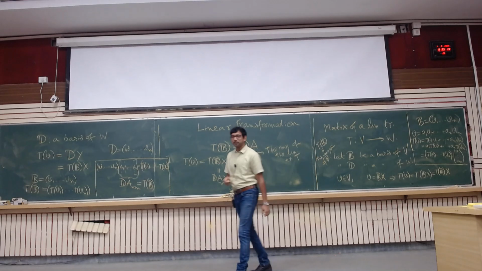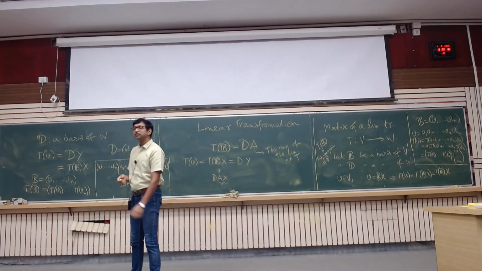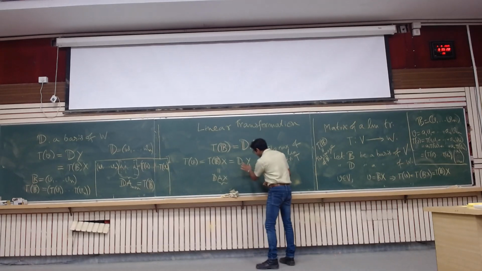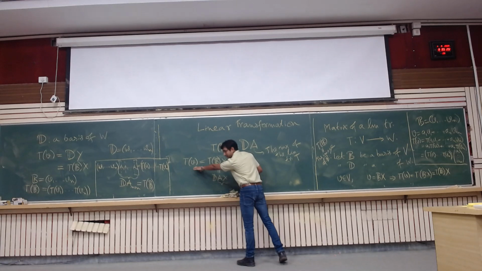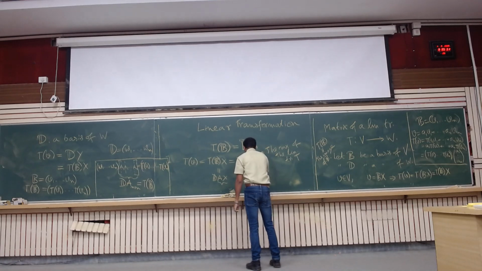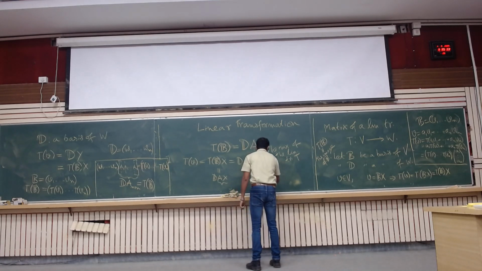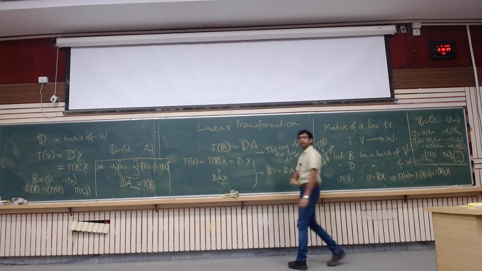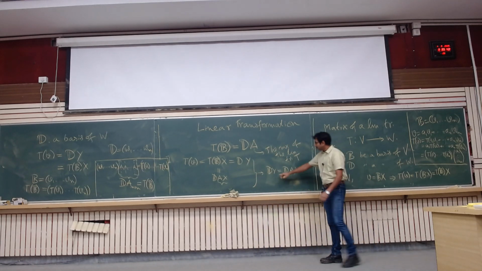I didn't understand what you said last time. The last line? Okay. So dy here is expressing TV, right? You said about linear independence of D. Right. So now what we are having from this gives you dy is equal to dAX. What is this?